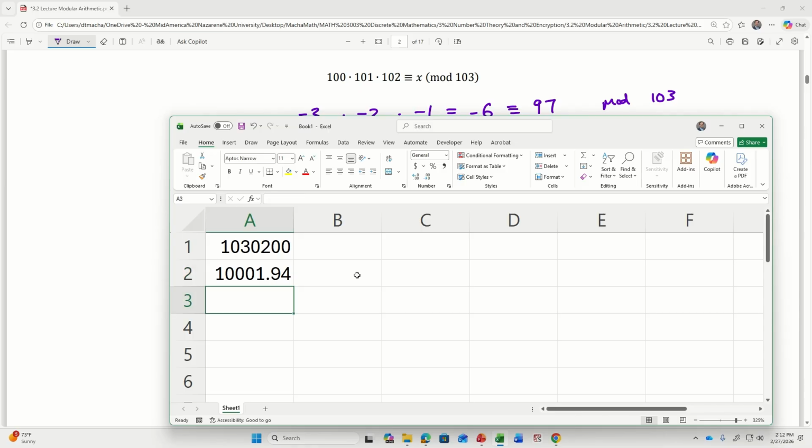And then I want to take this number and subtract away the integer part of it so that I get just the remainder, and then take that and multiply it by 103 so I can get back the whole number part of the fraction and remainder. And it's 97. So it works.